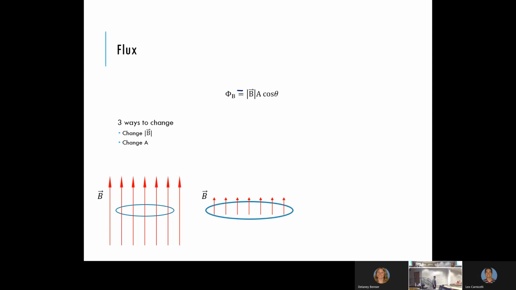What's the third way that you can do this? Change the angle. Right? Change the relative orientation. You can keep the area the same, you can keep the vector field the same, but you could rotate it.